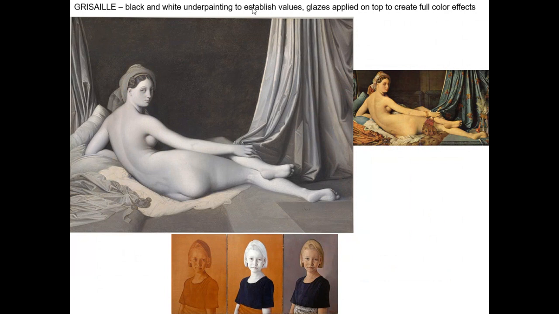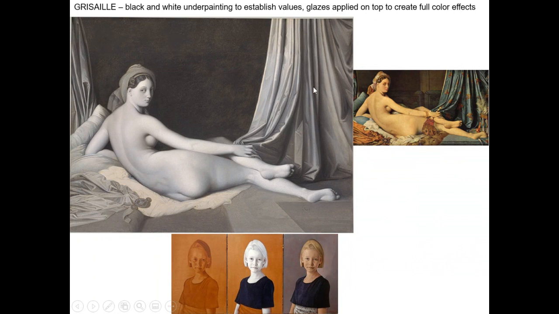So usually in the use of this technique, you would create your image primarily in black, white, and gray, establishing really just the values, almost like you would in a charcoal or graphite drawing. And once that grayscale or grisaille is established, the color is applied in thin glazed layers, and you see that happening in various stages here to get to the final result.